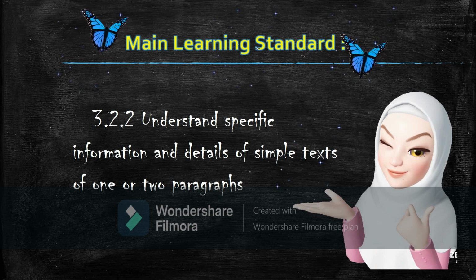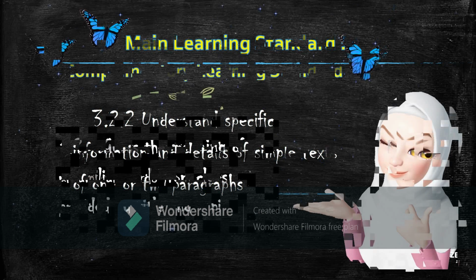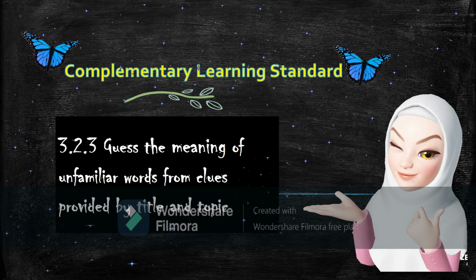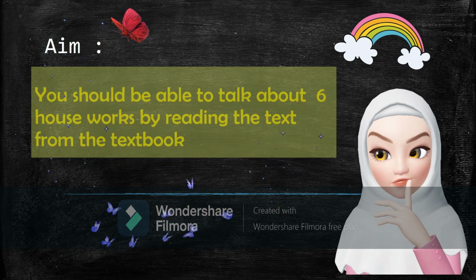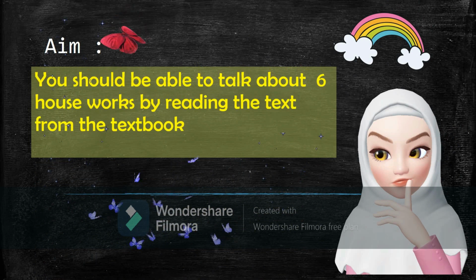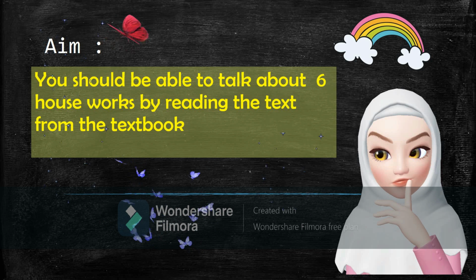The main learning standard is, and the complementary learning standard would be, and as for you, you should be able to talk about 6 houseworks by reading the text from the textbook.